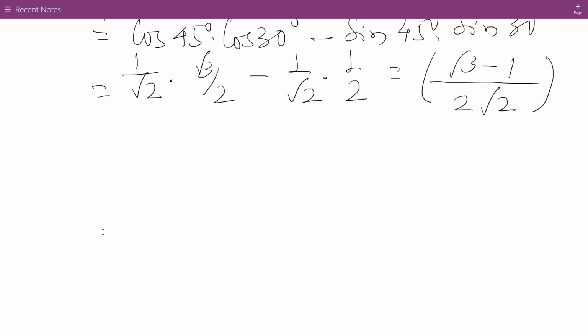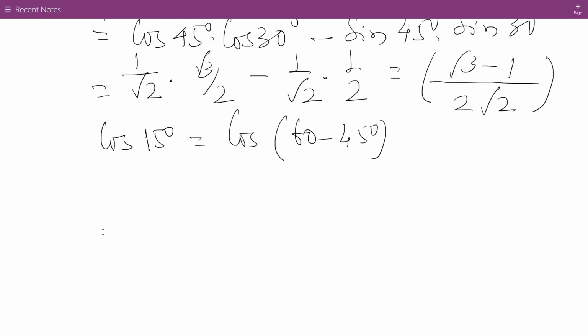First you always transfer to the standard value. For example, you try to find the value of cos 15 degree. You write in this way, cos 60 minus 45 or cos 45 minus 30, both are the same.